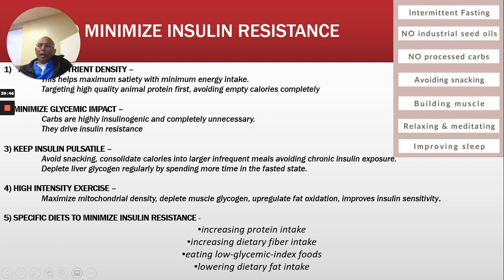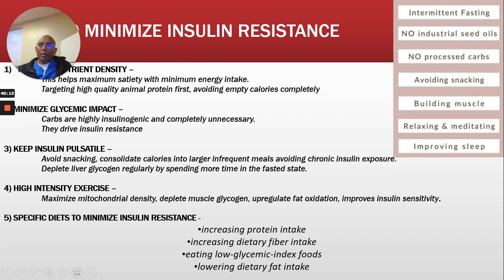Now, also insulin resistance can be minimized because when you're carb restricting, the insulinogenic effect of carbs is reduced, and obviously we talked about the pulsatile response to carbohydrate being avoided when you are not snacking.